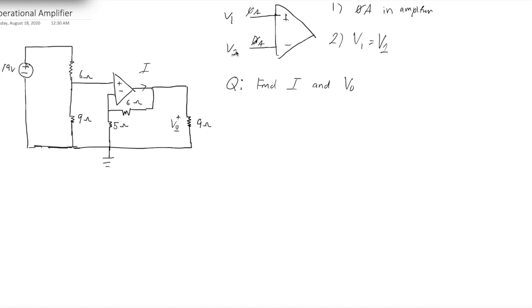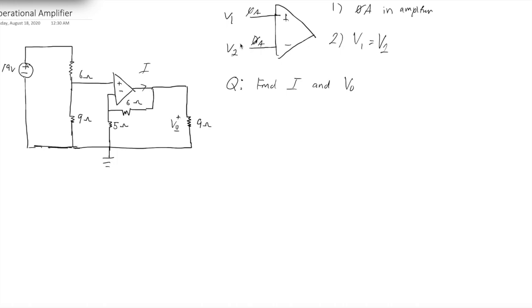So in almost any example, we want to always find the voltages at each end of the amplifier first, because that'll give us a pretty good lead to solve the circuit.